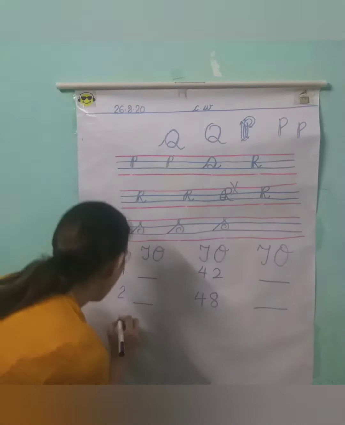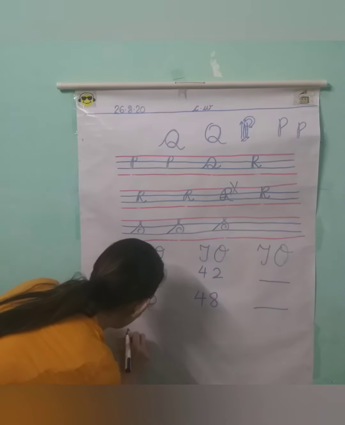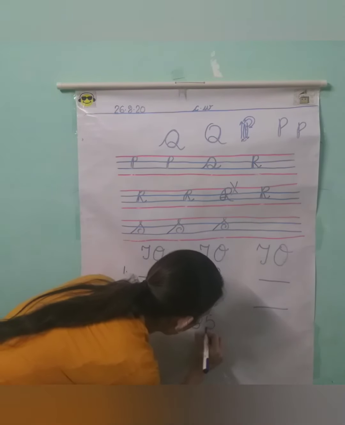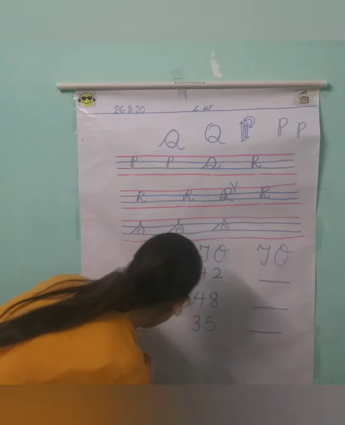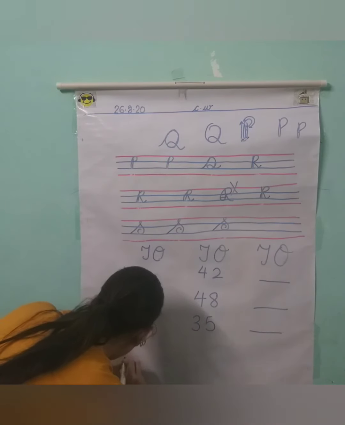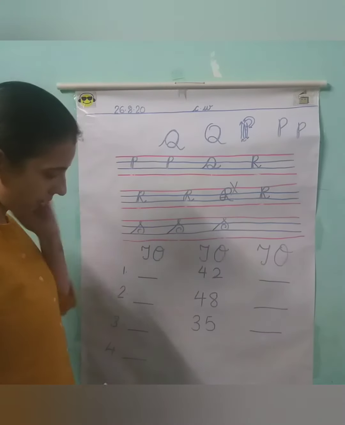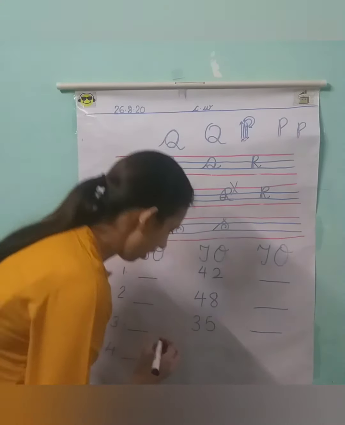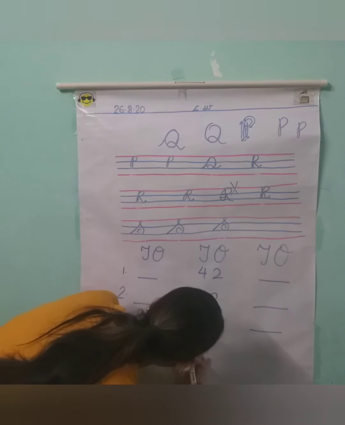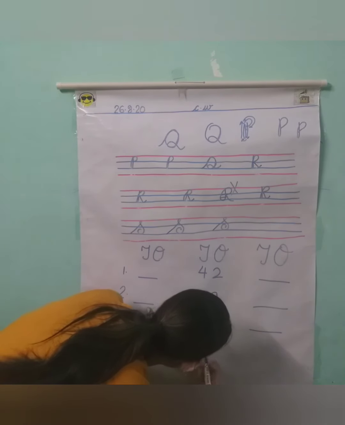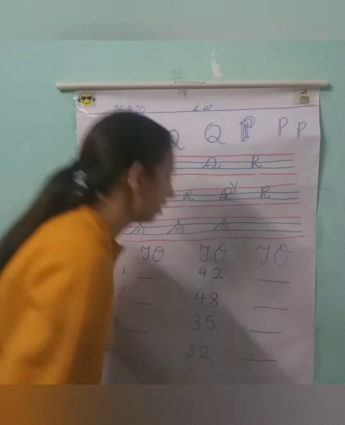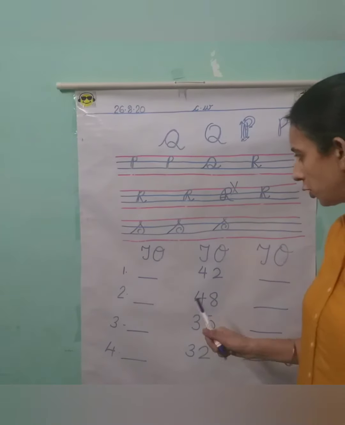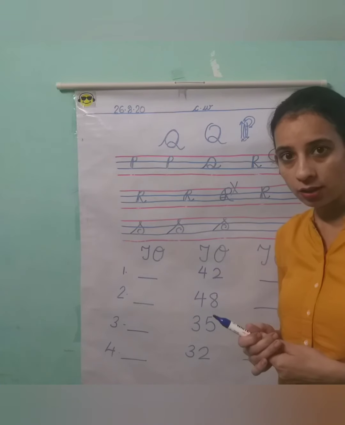Okay, now number 3, dash, 3, 5, 35 and dash, and the last number is 4, dash, that is, let's take 32. Okay, so do this in your copy, look at these formations, and do send me the pictures.